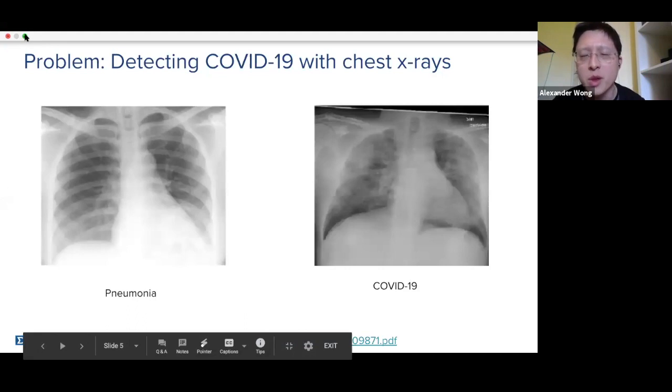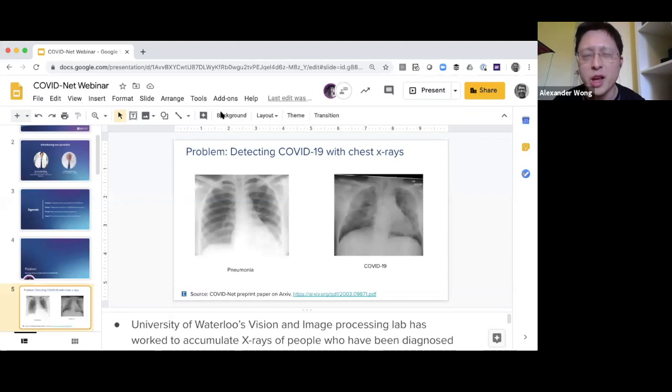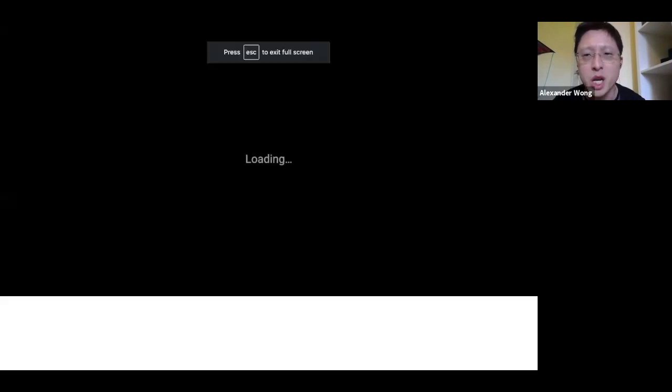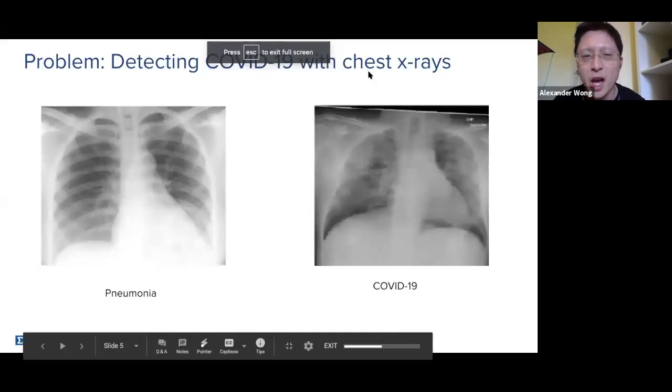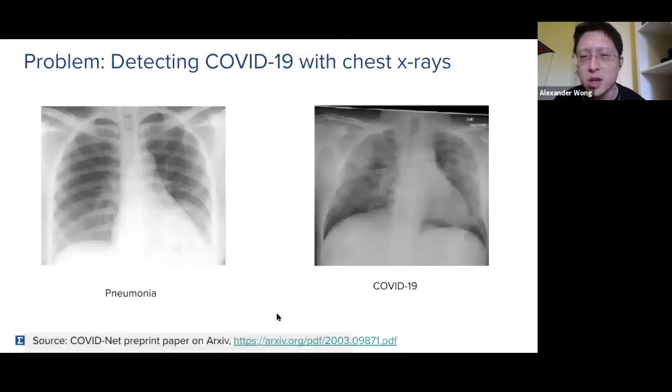The key problem that we have right now is, based on x-ray images captured of a particular patient, can we differentiate between other types of conditions, for example, non-COVID related pneumonia, things like non-COVID viral pneumonia, bacterial pneumonia, and other forms of pneumonia, or even other types of conditions, from the characteristics of COVID-19 detection.